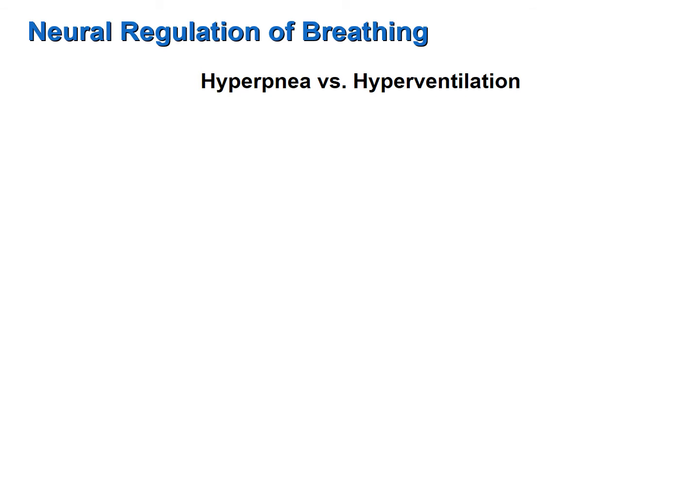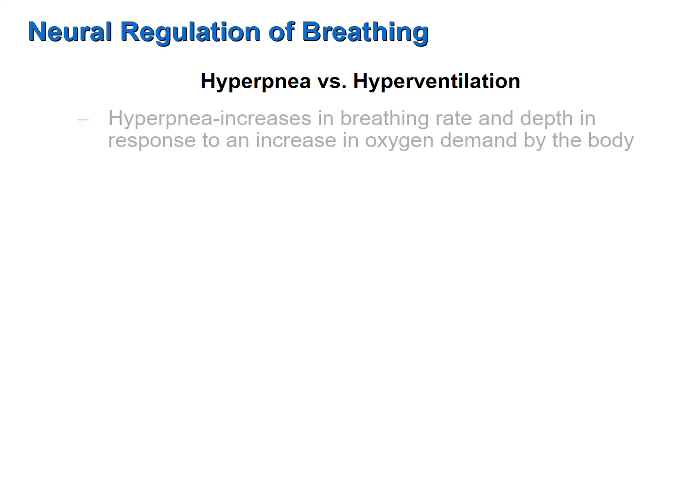Since I mentioned hyperventilation, I want to make sure that there's a clear understanding of the difference between hyperpnea and hyperventilation, because both refer to an elevation in breathing or rate of breathing. But there is a very important distinction.